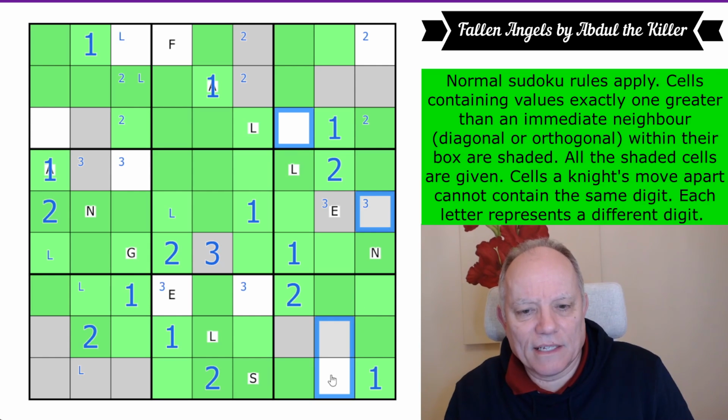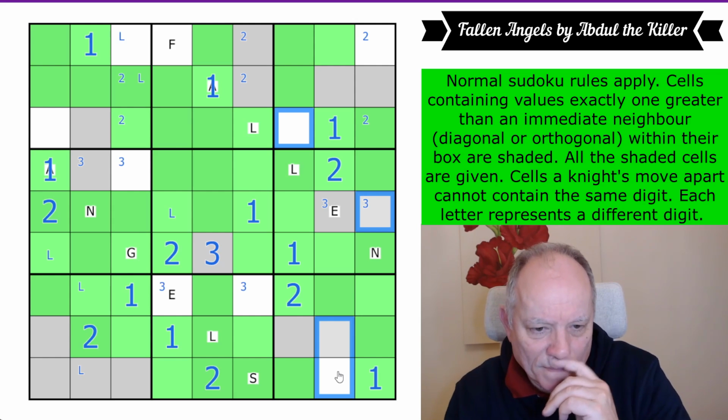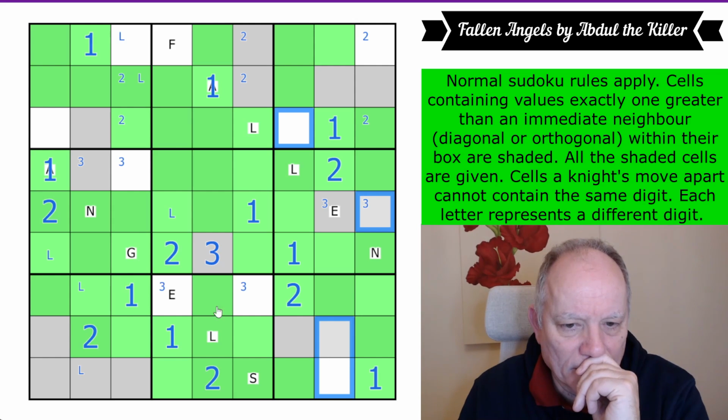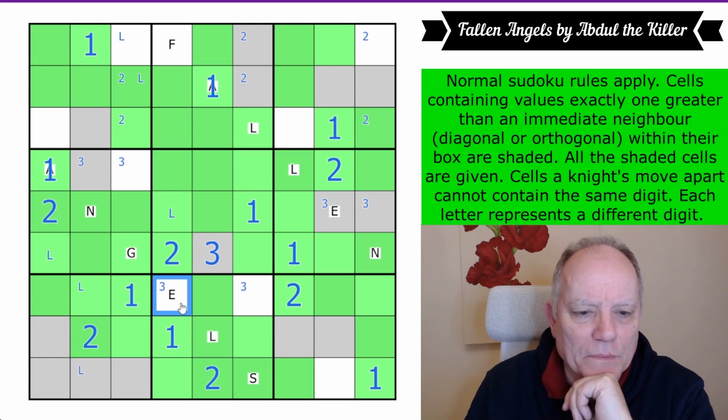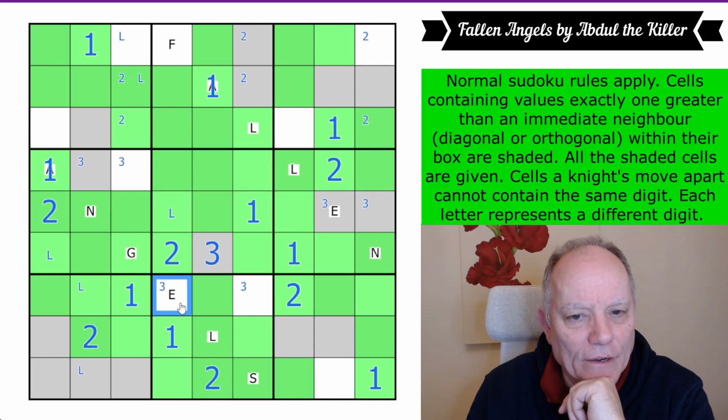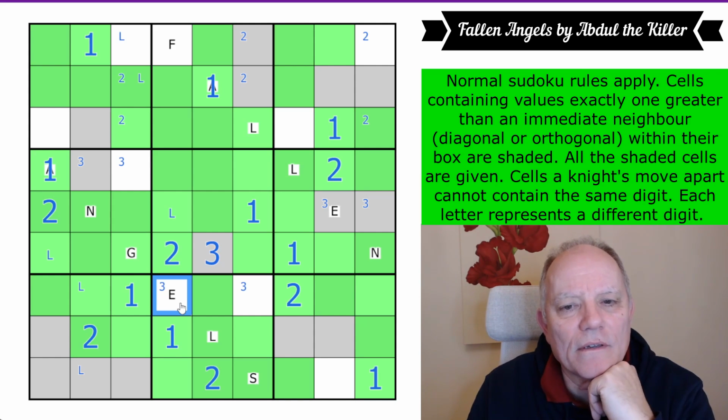That and one of those. I'm still very suspicious that E is 3. I haven't got any proof, so I really can't proceed on those grounds.